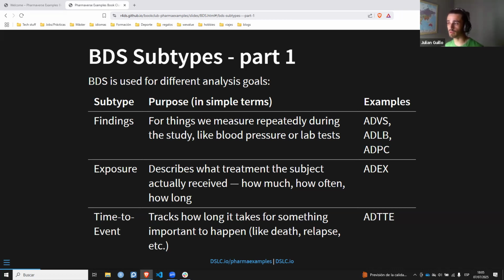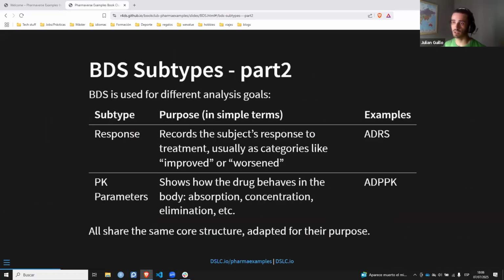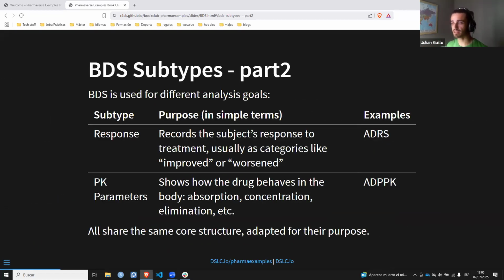Then we have the exposure type of BDS. They describe what treatment the subject is actually receiving or has received, and how much, how often, for how long, etc. We also have time to event data sets that track how long it takes for something important to happen, like if the patient has died, how much time from the beginning of treatment until the death. We also have response type data sets.